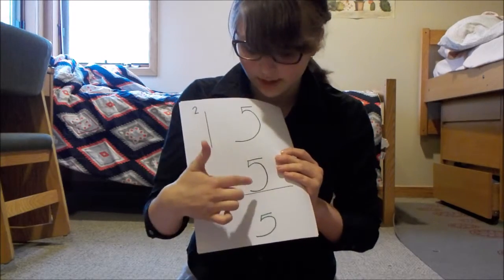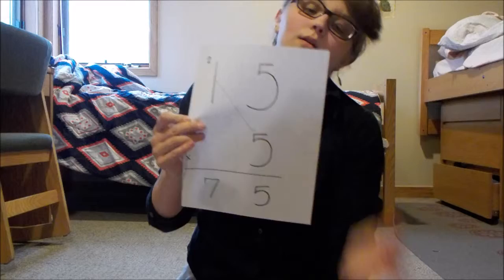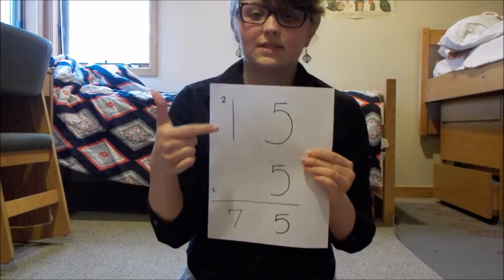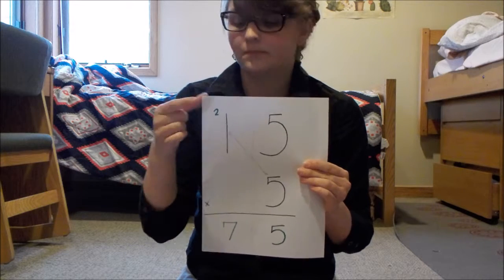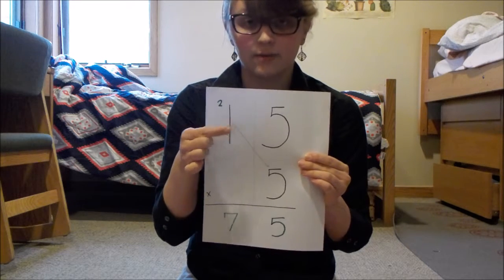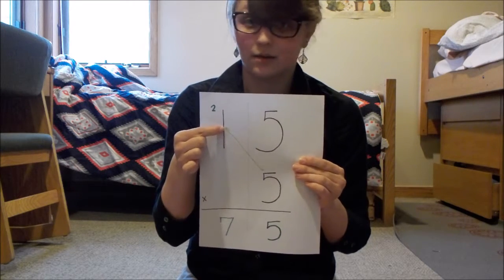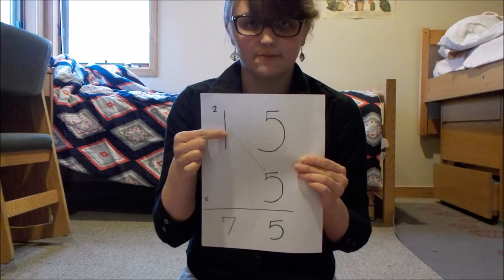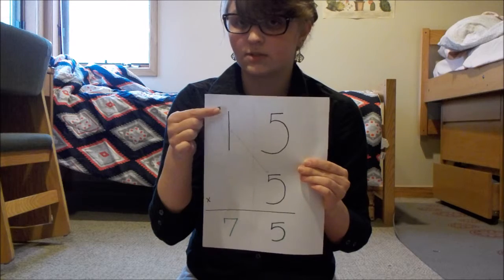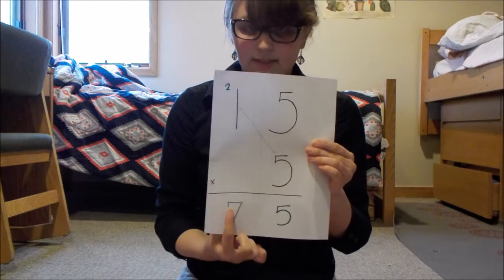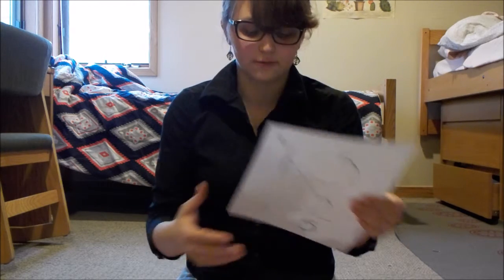And then we would multiply the 5 times the 10 of 15, and we would get 50, because we have to remember, this 1 right here is a 10, not a 1. So we would get 50. So 50 plus 20, because this was the 20 of 25, we would get 70, for a total of 75.